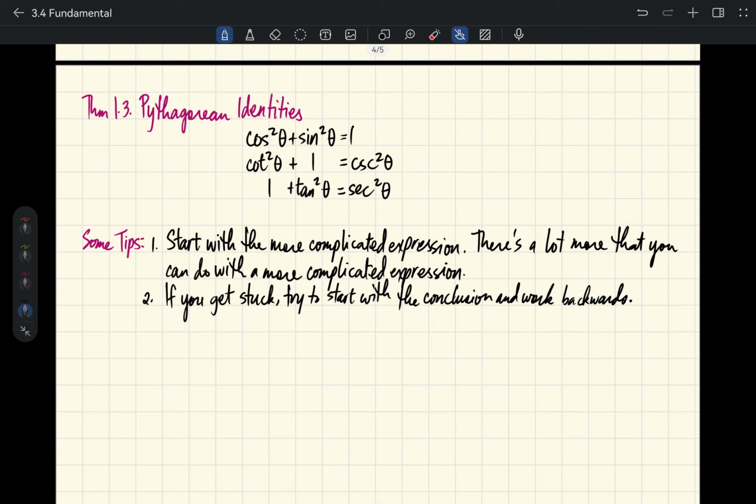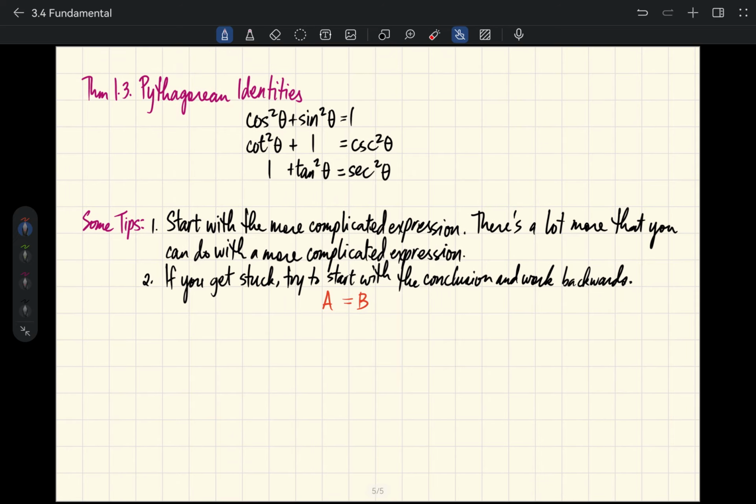What do I mean? For example, you want to show that a certain expression A is equal to B. Usually, what we're doing is start with one side and hopefully end with the other side. So sometimes we'll do like this: A is equal to something, which is equal to something, and unfortunately, we get stuck with another expression, say C.